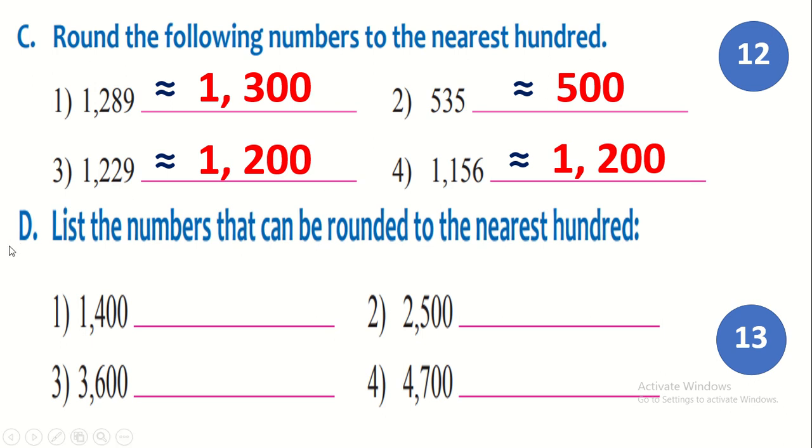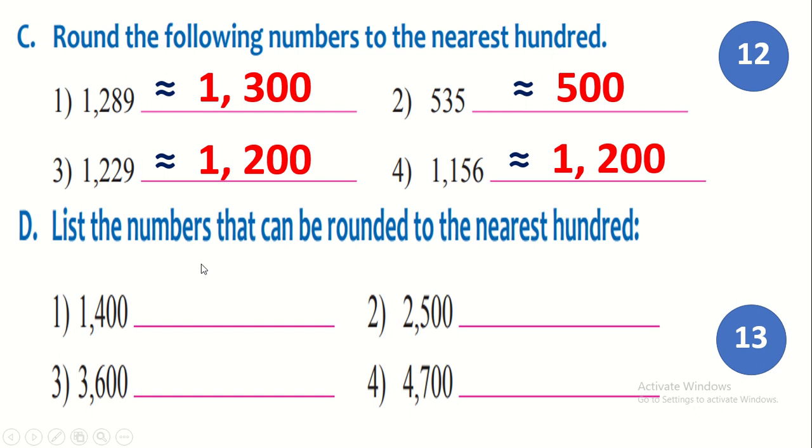Now let's move to letter D. List the numbers that can be rounded to the nearest 100. Here is 1400.